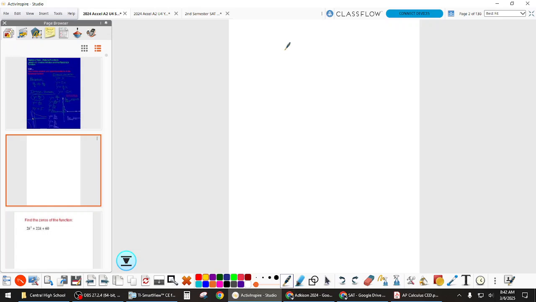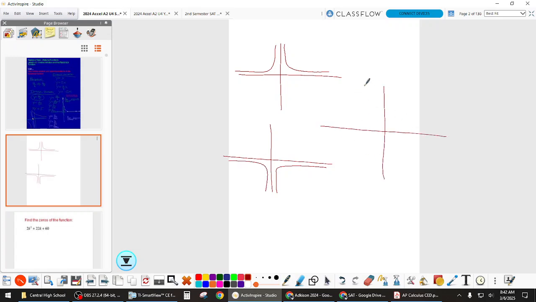Here's some variations of the graphs that we will have once we get more into the rational functions. So we might have some that do this. We might have some that do the bottom version of that. A lot of ours will have 2 lines that they can't touch. So maybe something like this, like that, and like that.